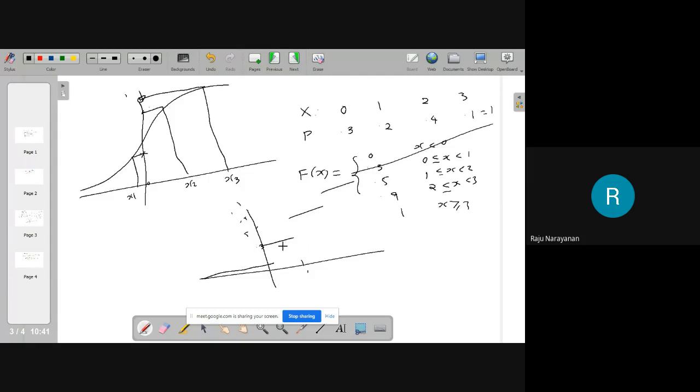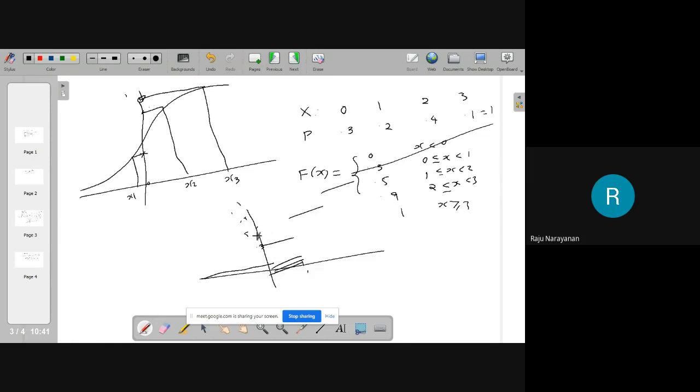Suppose you take a random number, suppose it is 0.3. All these points are inverse images.